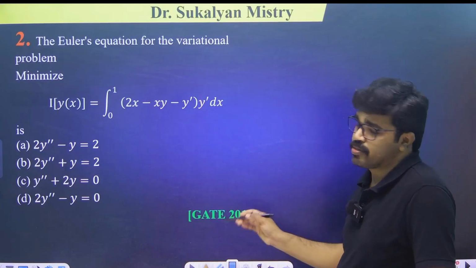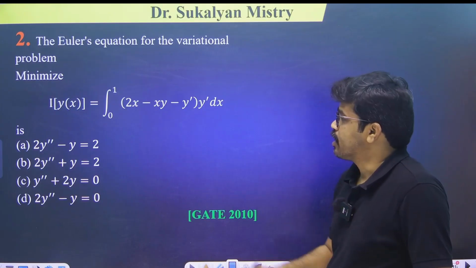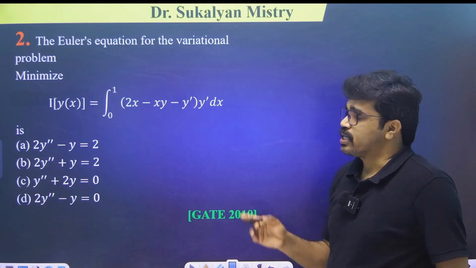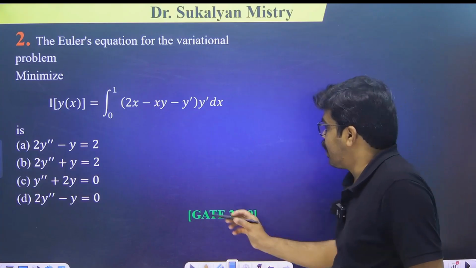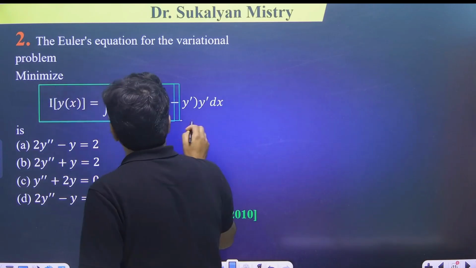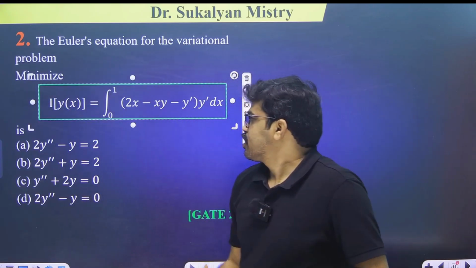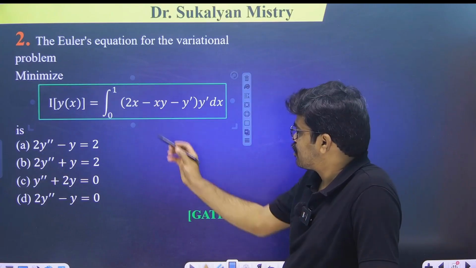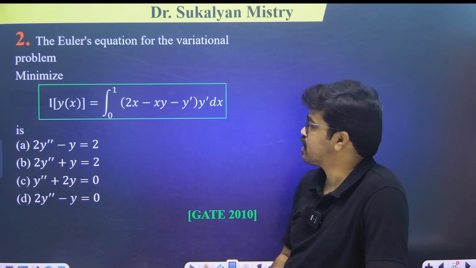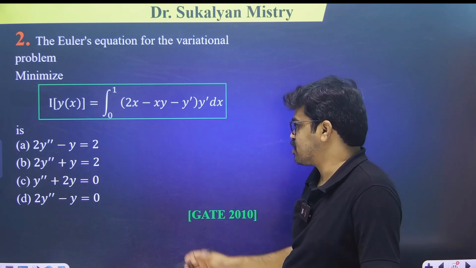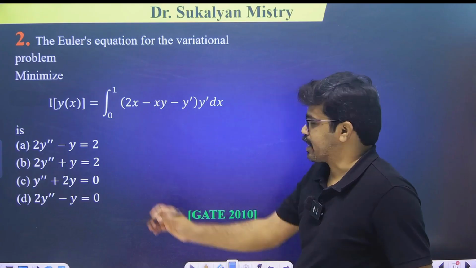Just see this problem. This question asks in GATE exam 2010. The Euler's equation for the variational problem: minimize this functional, integral from 0 to 1 of (2x minus xy minus y dashed) into y dashed dx, is, which is correct?